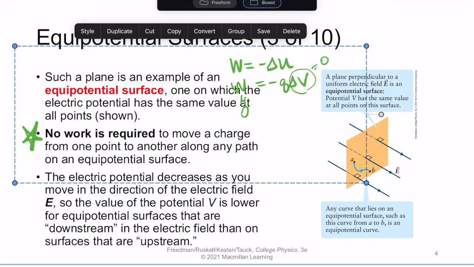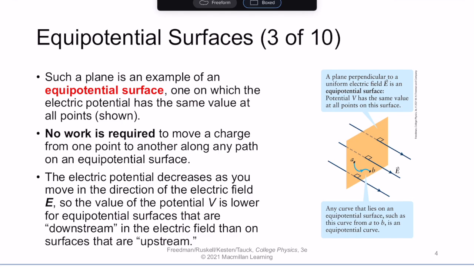Depending on if we're talking about 2D or 3D, we can be speaking about a surface or a line, but they're both locations of equal potential. And like I said before, no work is required to move a charge along an equipotential surface or an equipotential line.